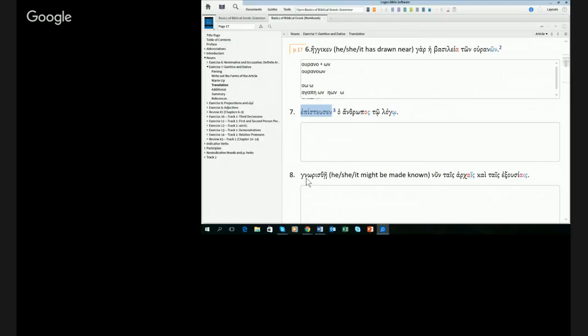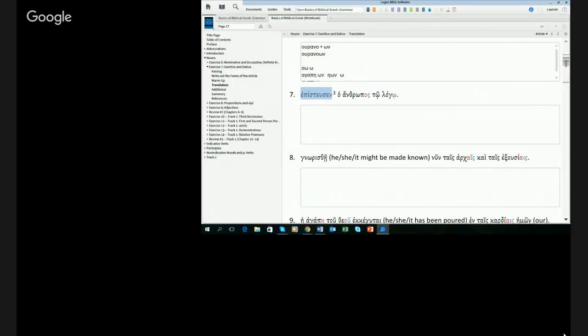So although to logo is dative, it is here functioning as the direct object of the verb epistusen. This particular verb often takes its direct object in the dative case. So the sentence means, the man believed the word, or if you like, the man believed in the word. The man believed the message, something like that.